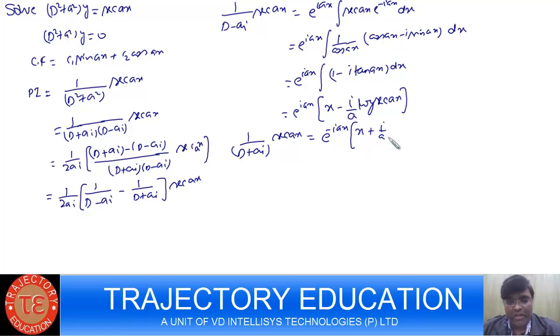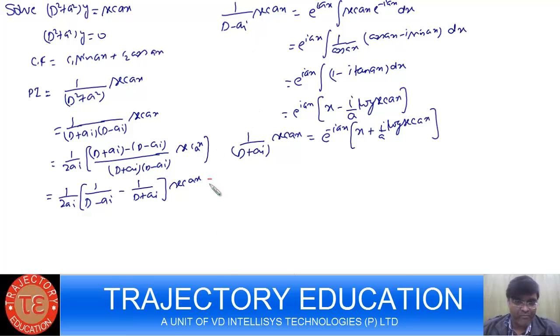Alright. Similarly, if I find 1/(D + ai) sec ax, that will come as e^(−iax) [x + (i/a) log sec ax]. If I replace a with −a over here, sec(−ax) is sec ax only. Sec x is an even function, right? So this will be the answer.